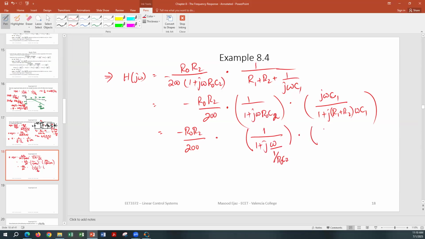times j omega over 1 over C1, 1 plus omega 1 over j omega C. So let's clean it up a little bit.